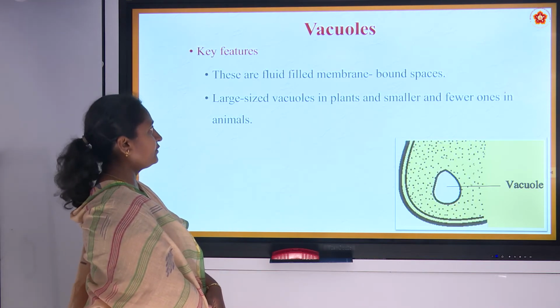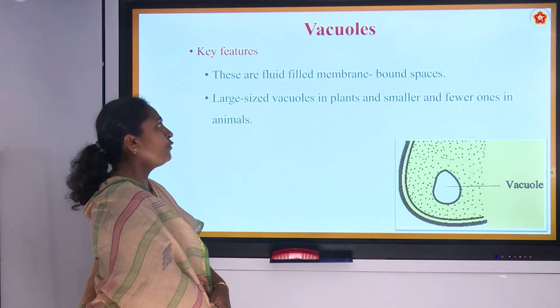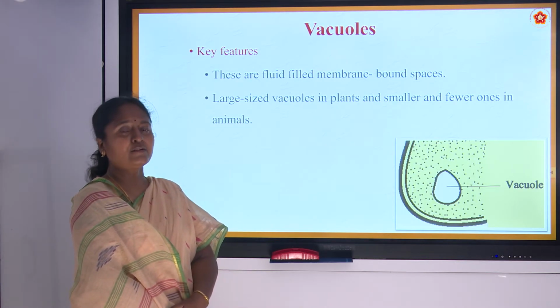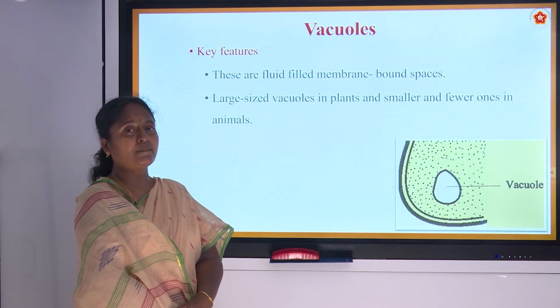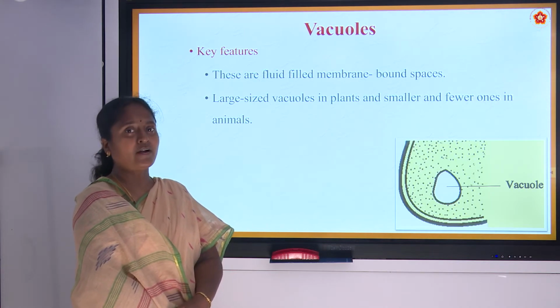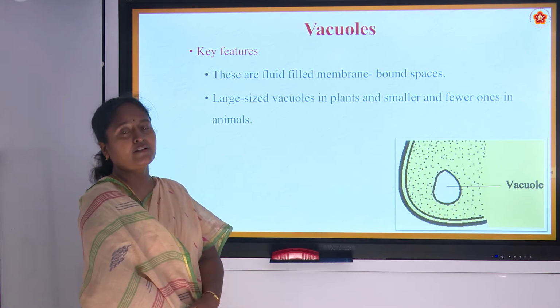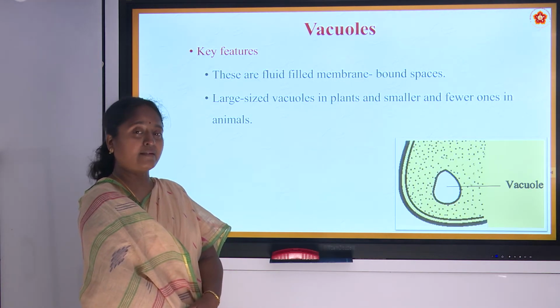We will see the key features. They are fluid filled membrane. What is the fluid? In a plant cell, it is nothing but water, right. Mostly it is water. So, it will store water for later use when the plant needs it.